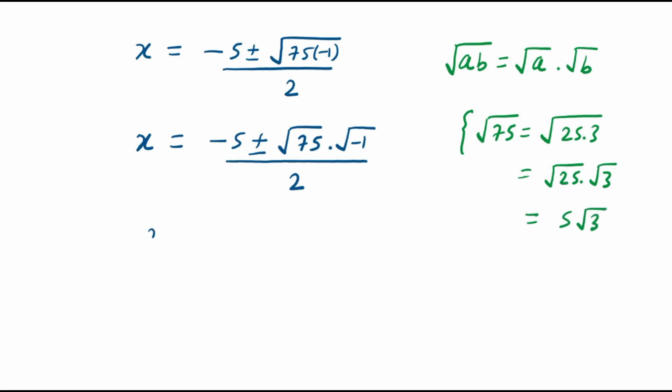Now x is equal to minus 5 plus minus square root of 75 is 5 times square root of 3, and square root of minus 1 is iota, divided by 2.